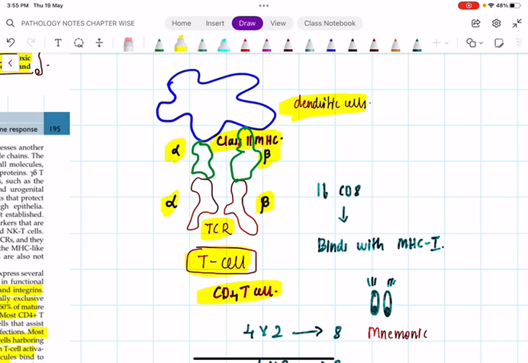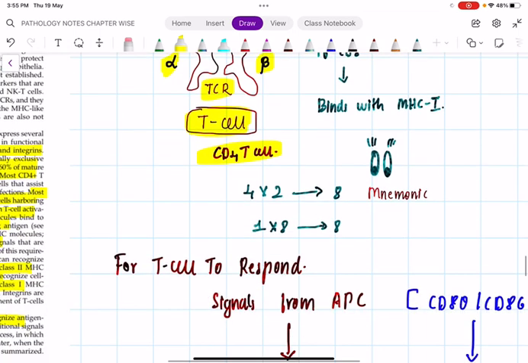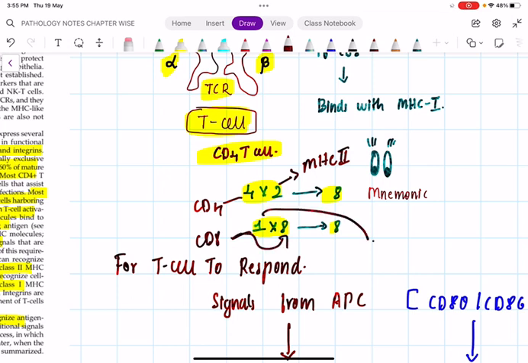How to remember this? 4 into 2 is 8, 1 into 8 is 8. That means CD4 cells express MHC2, and CD8 cells express MHC1.